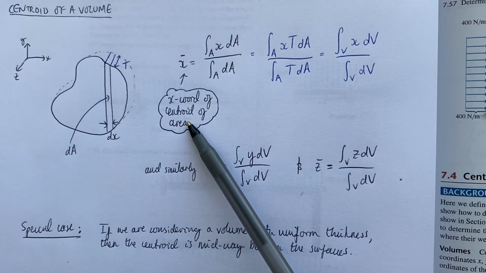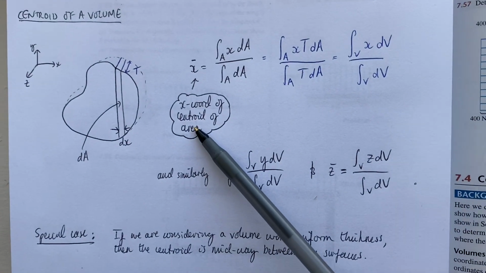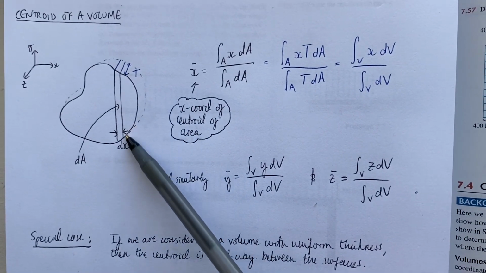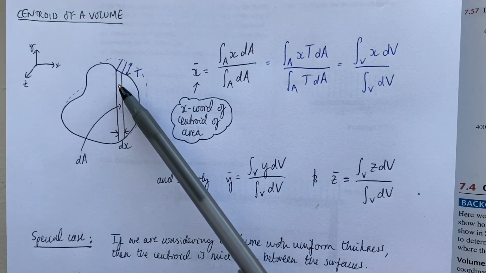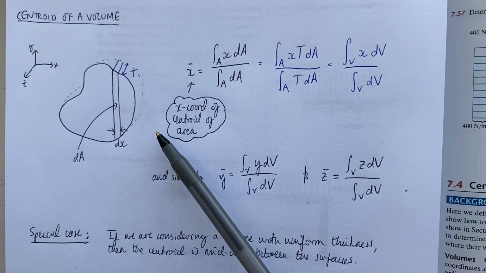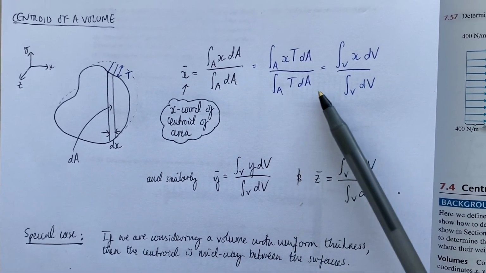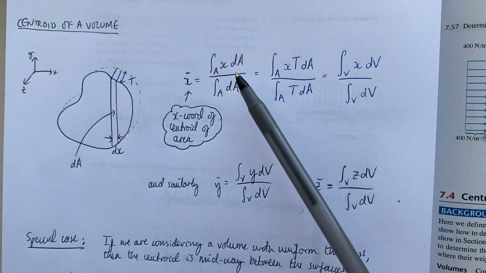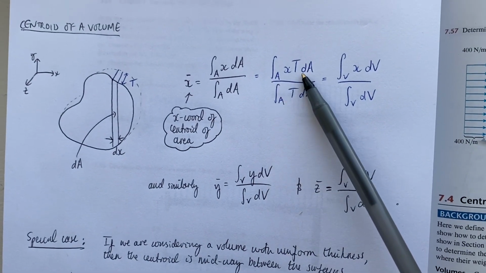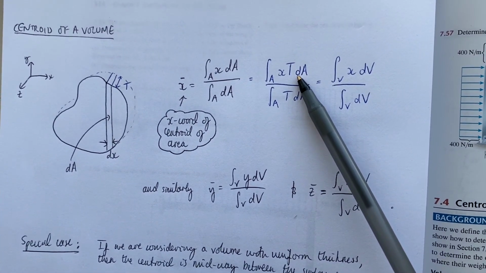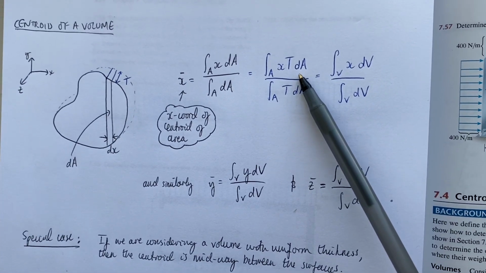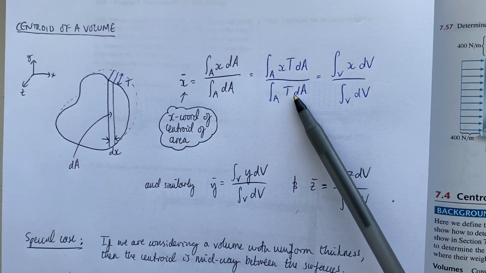of the area. But when we have a volume, we have a thickness T associated with these strips as well, right? And if we multiply the area with the thickness, we get a volume, right? So that's what I'm doing here. I take this formula here, I multiply the area, which is the integral of x with respect to A, with a thickness T to get a volume.